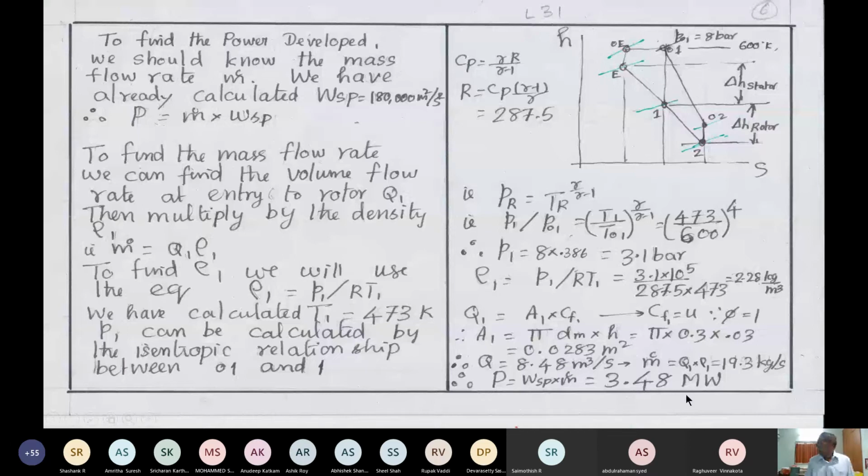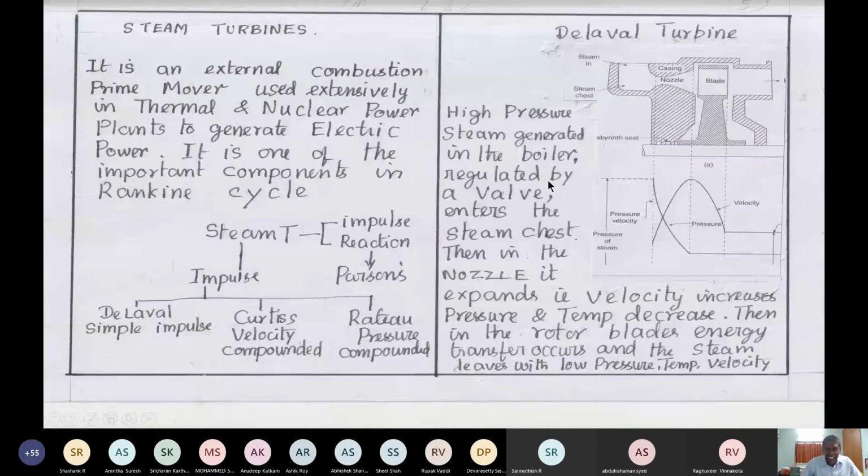Okay, now I think next we will discuss something about the steam turbines. See, steam turbines, they are external combustion prime movers used extensively in thermal and nuclear power plants. Now all of you will be knowing that in thermal power plants, steam turbine is being used.